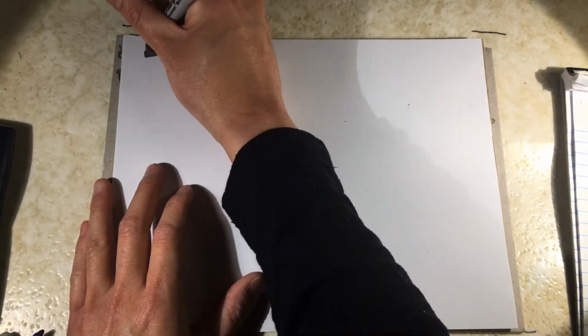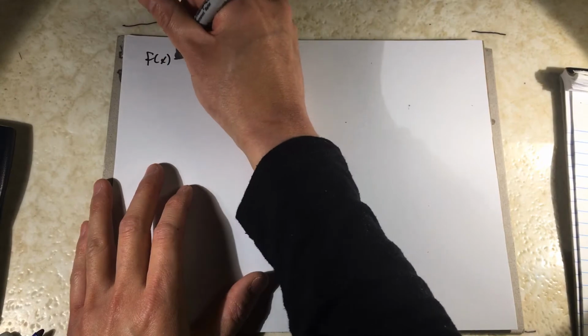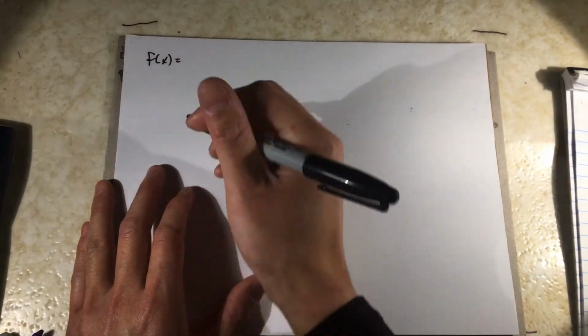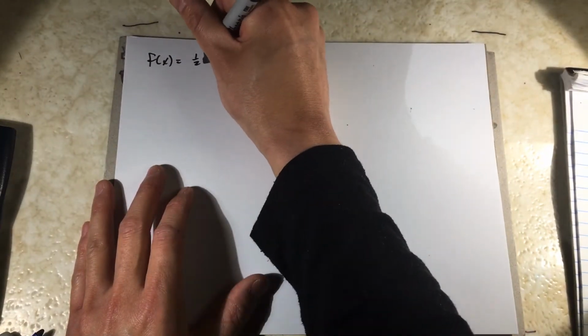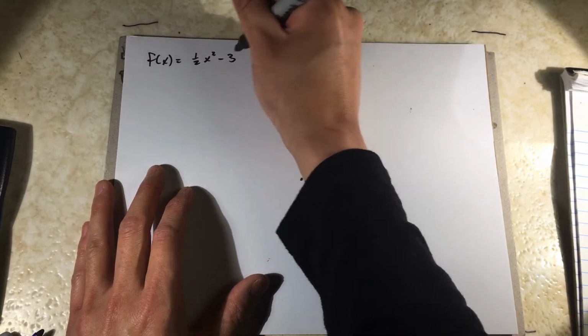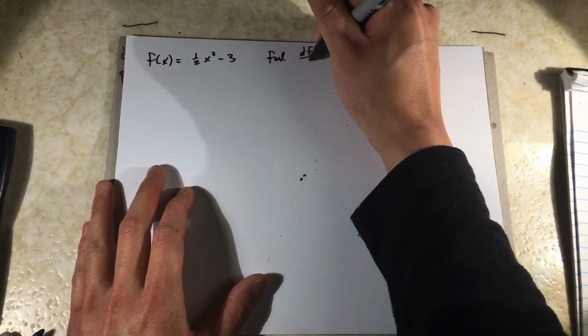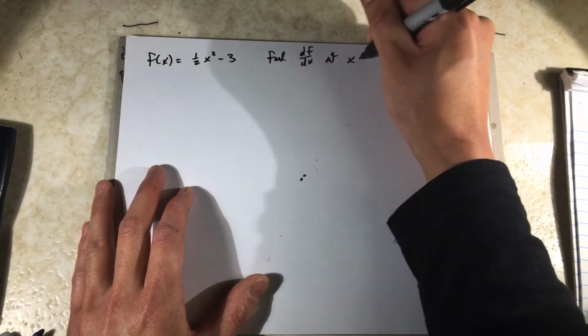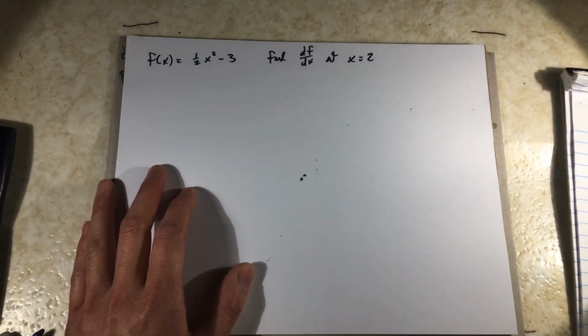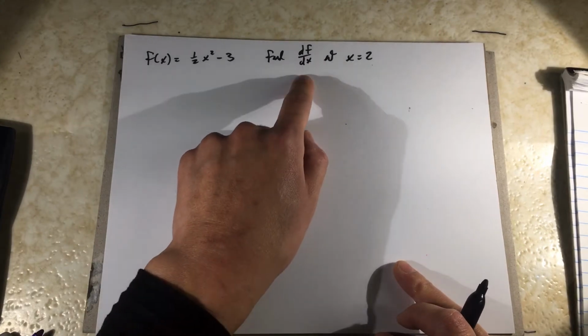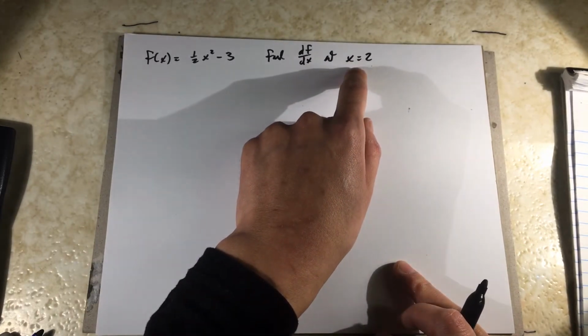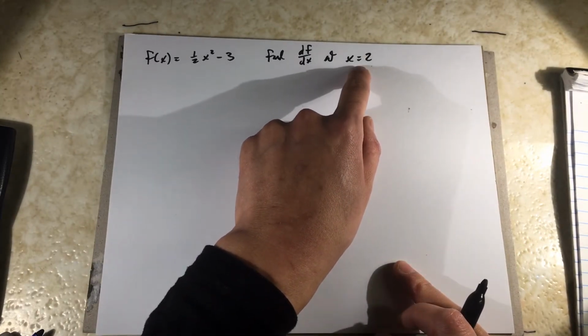So we're going to give some function. Let's say that we have a function f of x, and the one that we're going to use for this example is 1/2 x squared minus 3. And we're going to find df dx at x equals 2. So we want the derivative at a single point where x equals 2.